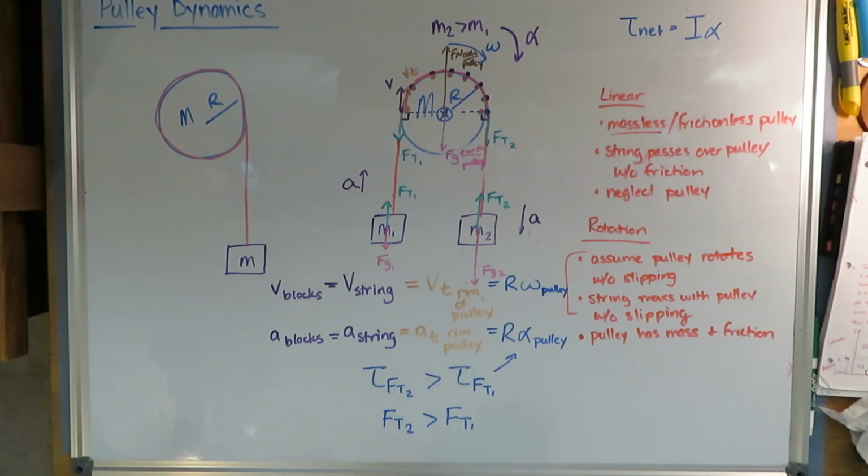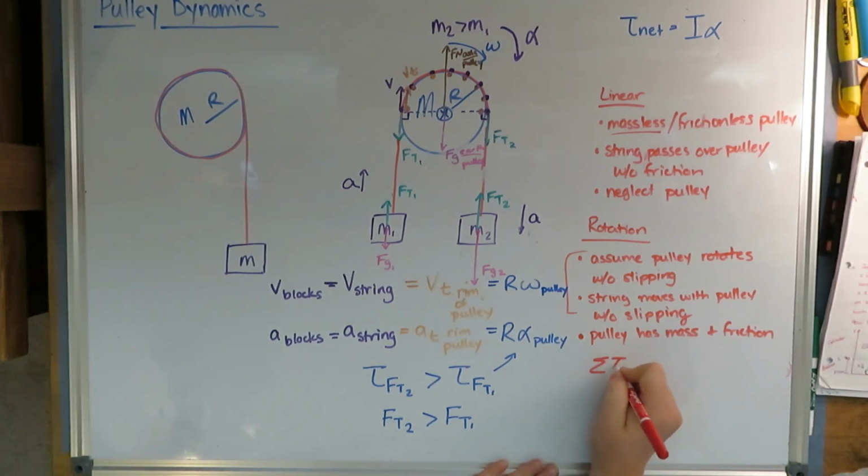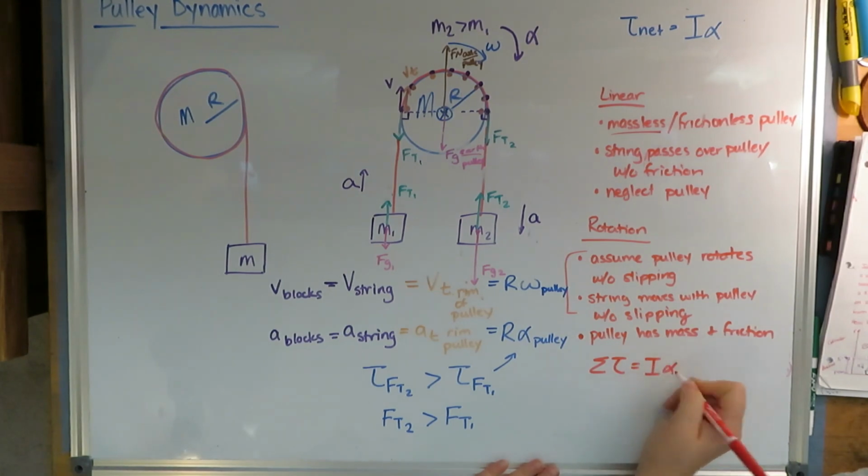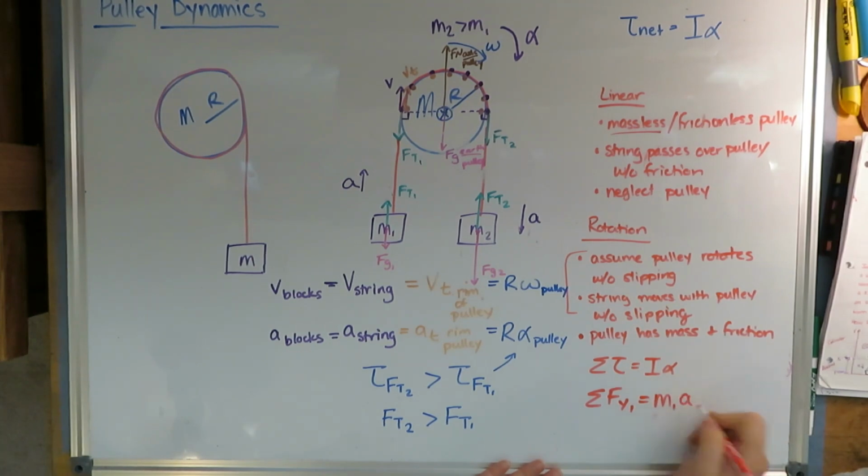So these are the assumptions that you have to work the problem. Now that you have those assumptions, how do you actually solve a problem like this? Well, you're going to have to apply both linear and rotational dynamics. So you're going to have to do a net torque equation, and then you're still going to need your net force equation for block 1, net force equals M1 A, and you need your net force equation for block 2.